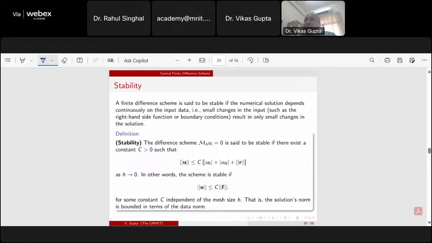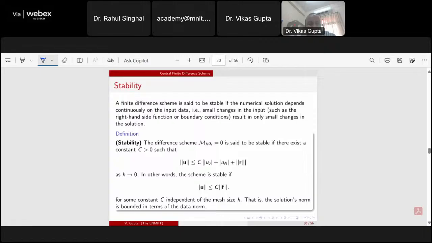That is, you can think of it as a black box problem. So you are having some changes in the input data. Corresponding to that, if there is a small change in the output data, then the system is stable. If corresponding to a small change in input data, there is a large change in the output data, then the system is unstable.